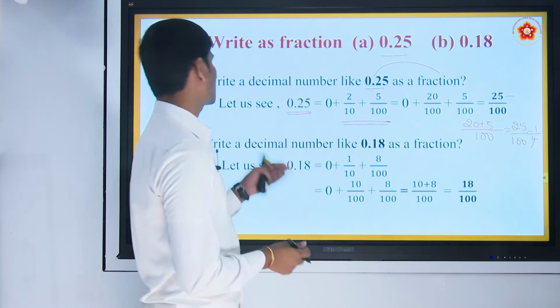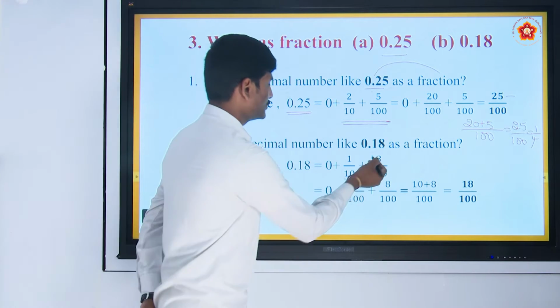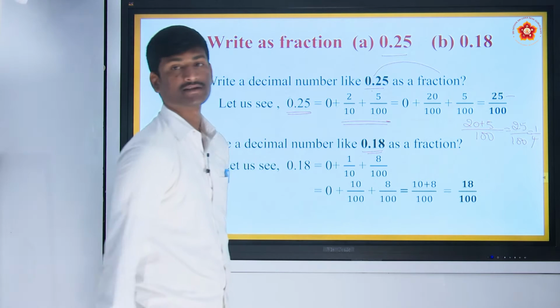And then second question, write the decimal number 0.18 as a fraction.